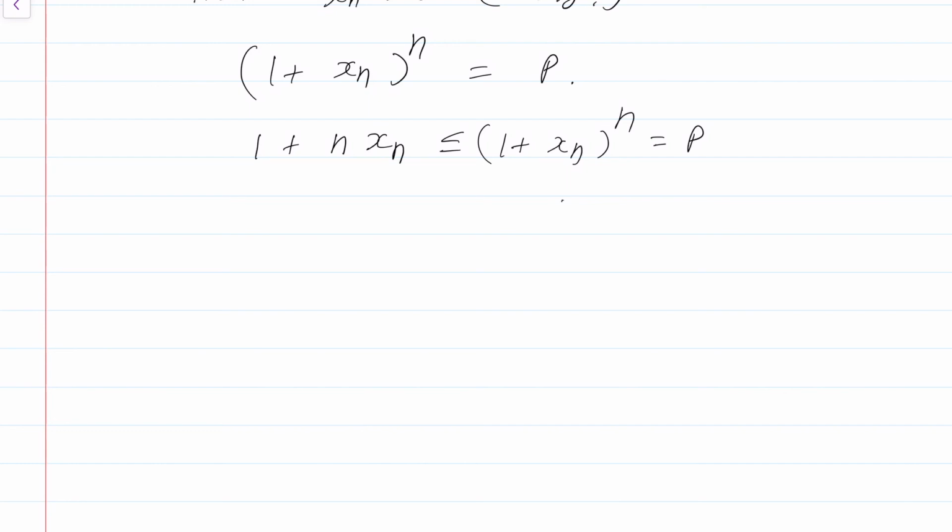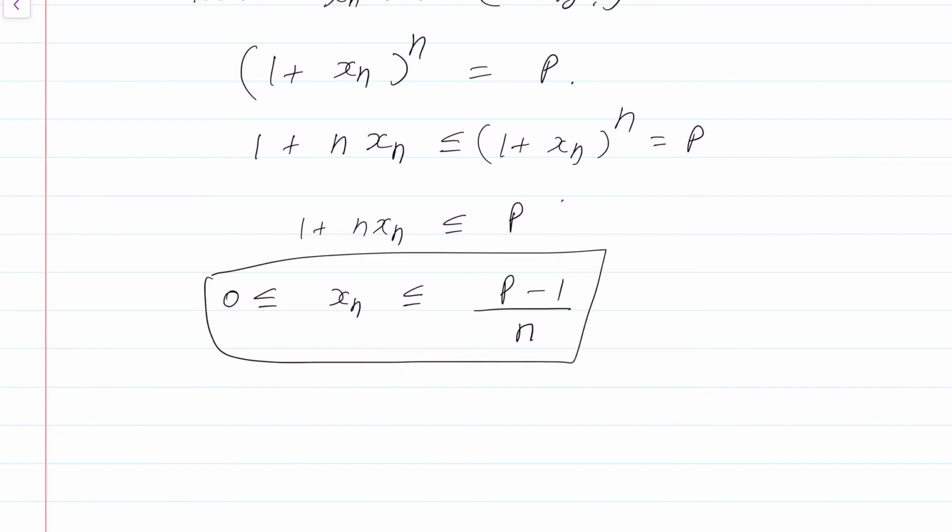In other words, 1 plus n xn is less than or equal to p, right? Or xn is less than or equal to p minus 1 by n. We already know that 0 is less than or equal to xn. Combining these two, we see that xn converges to 0 by the squeeze theorem.